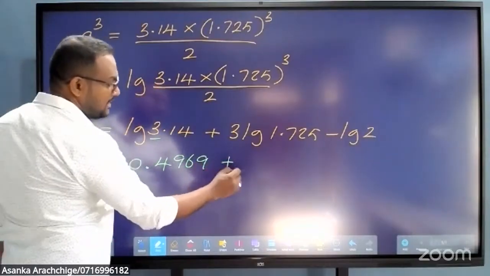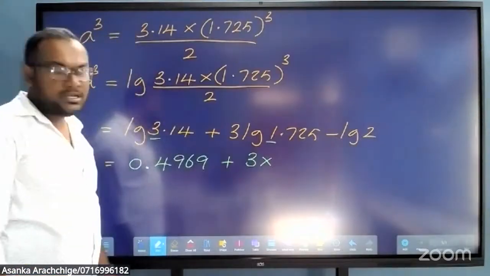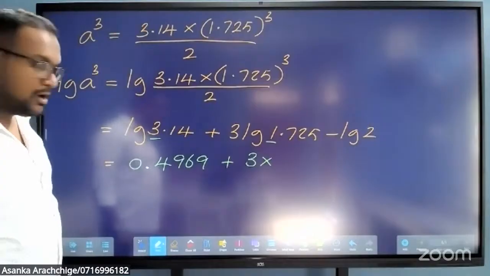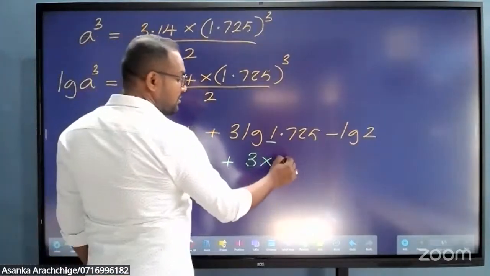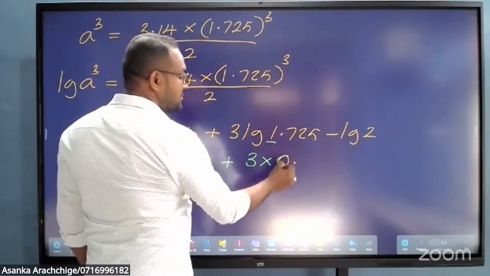0.4969 plus 3 times, this is also a number greater than 1 having only one digit on the whole number side. So this one also has the same characteristic 0.